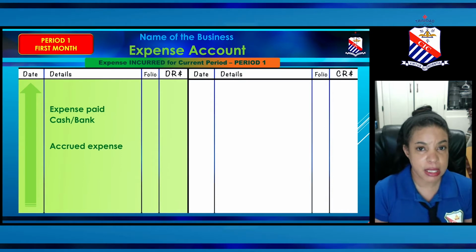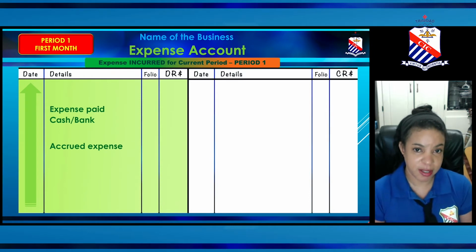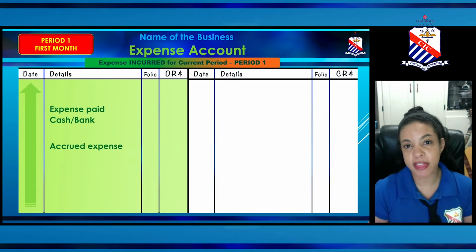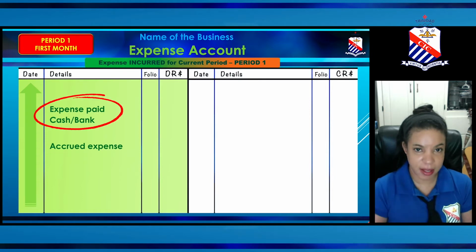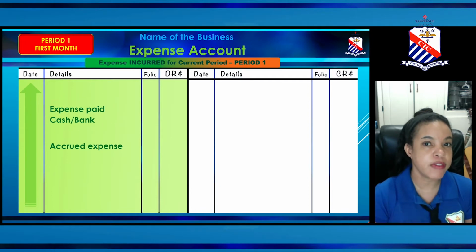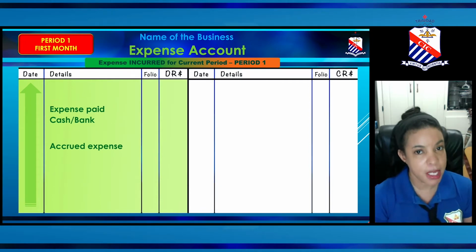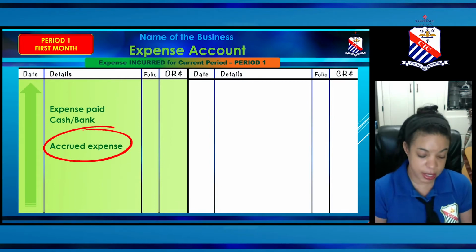Accrued expenses. Remember, the expense incurred and paid for a period is what is recorded, and that is what increases the expense. So expense paid, increase, enter it. An expense incurred, even though it has not been paid as yet, which is the case with the accrued expense.